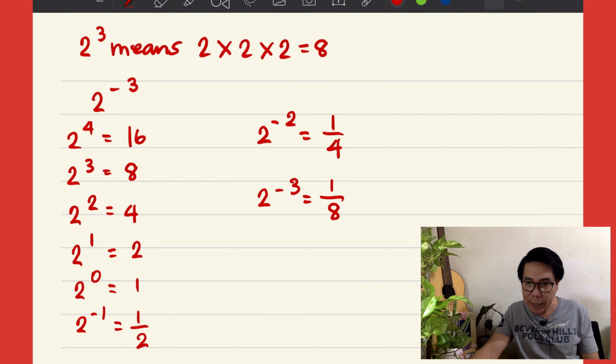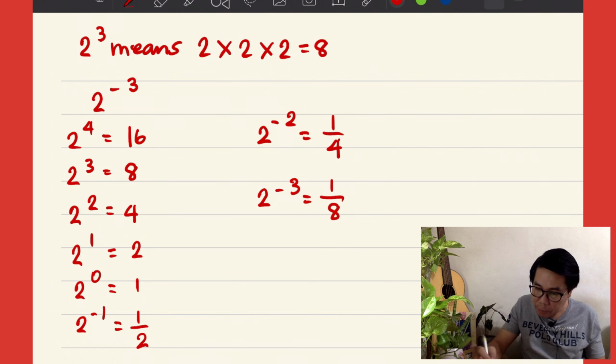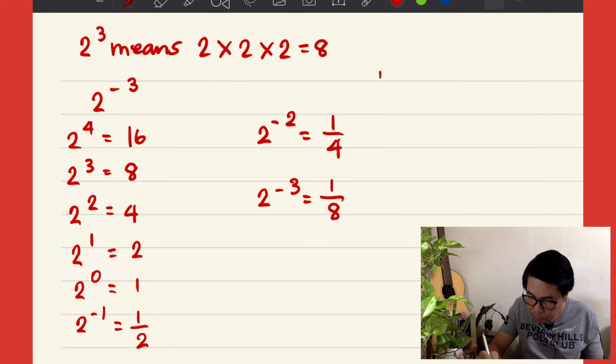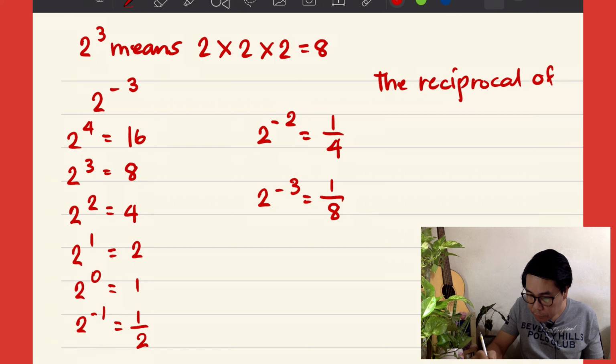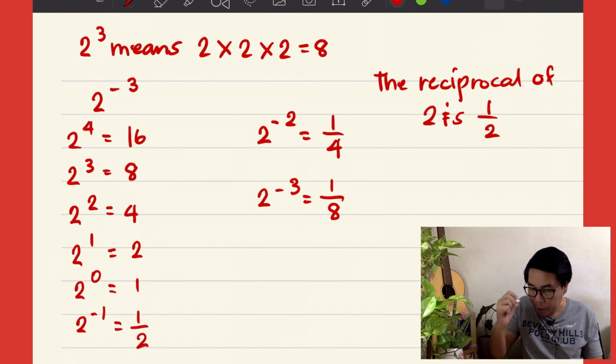So that means that the reciprocal of 2 is 1/2, because we need to get 1.